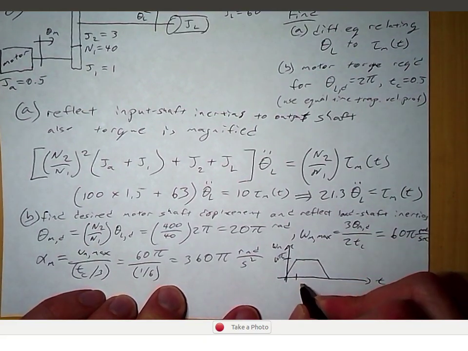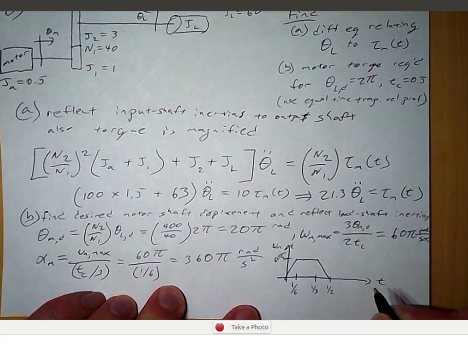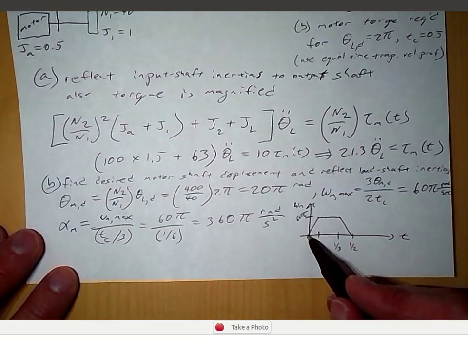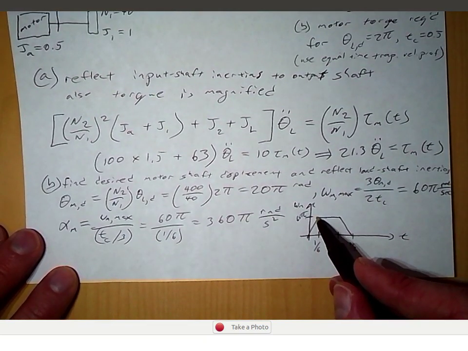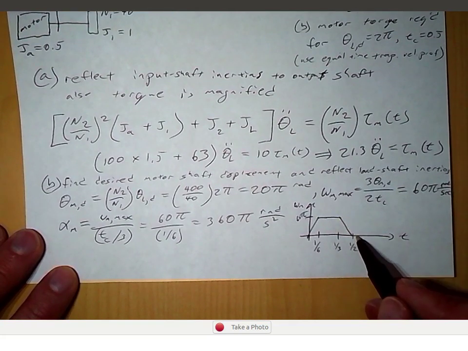And 1/3 of our TC is 1/6 of a second, and then 1/3 of a second, and then finally 1/2 of a second. That's our velocity profile. We start at rest, go up to 60 pi radians per second, continue that for 1/6 of a second, and then go back down to rest.